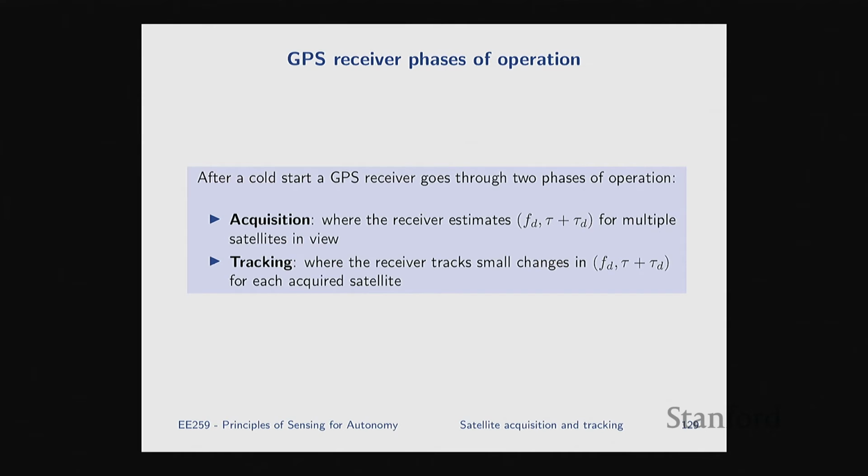You always have a previous estimate of your Doppler shift, and for your next estimate, you use your previous estimate as a starting point, and you just track the variations around it. Same for pseudo range. You always have your previous one, and you can just track how much it changed. So tracking is fast because you already have a very good estimate of where these values should be.